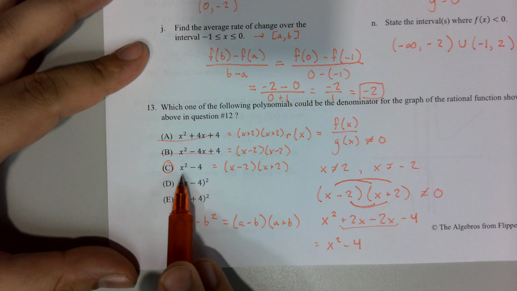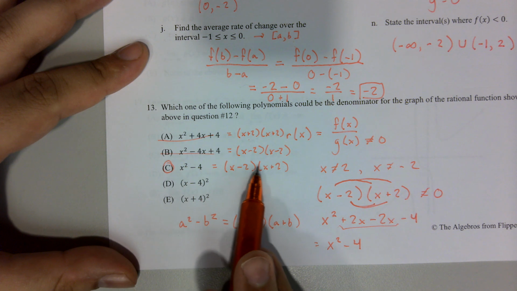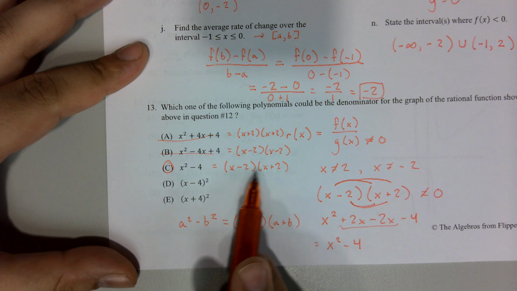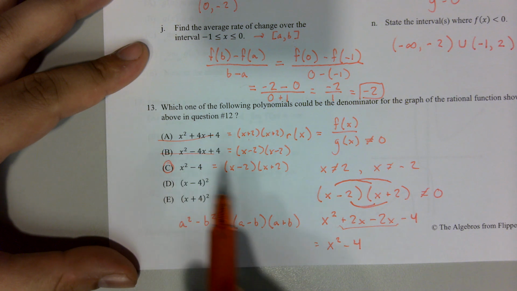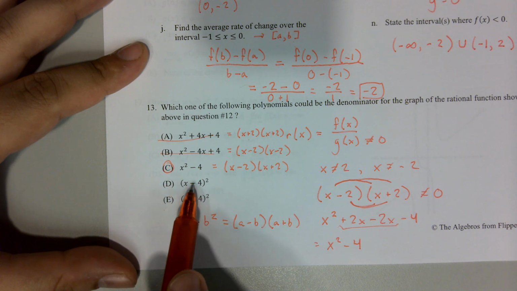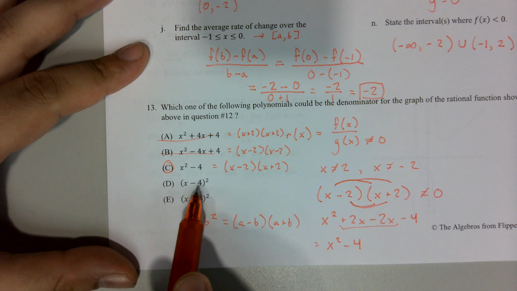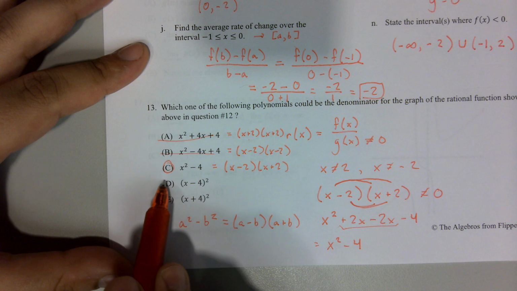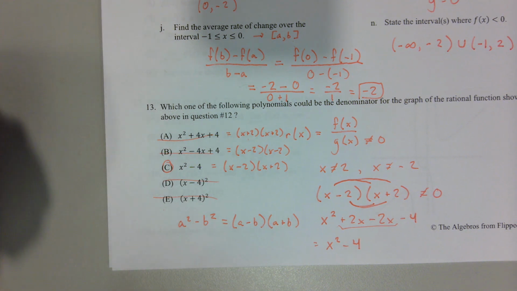So if we were working from the answers that we have, we would know that once we solve this using our zero product property, that C would be our answer. And similarly for D and E, they both can't be the correct answer because this is just saying that x can't be equal to +4, and E is saying that x can't be equal to -4. So that's how we could eliminate D and E.